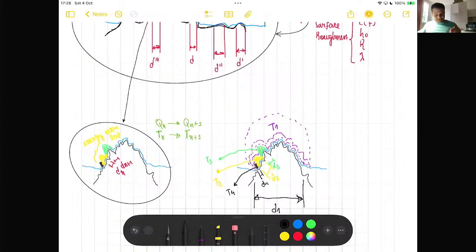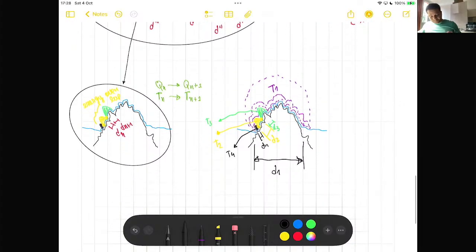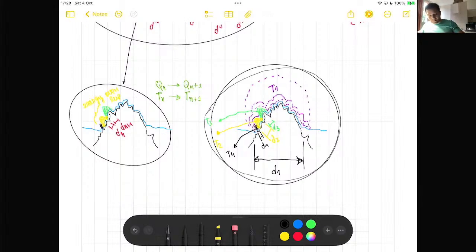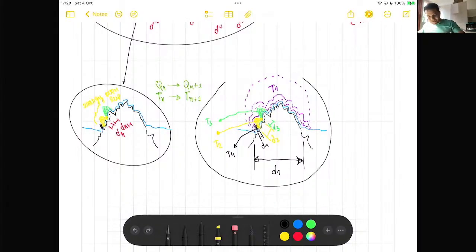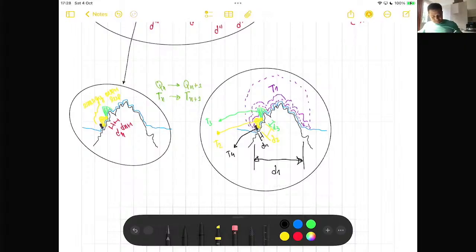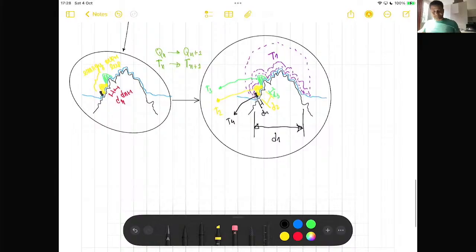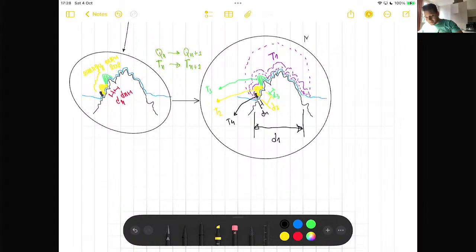Okay, this is what the author is doing, considering all these minor asperities. So perfect. Mean field approximation, basically an average.